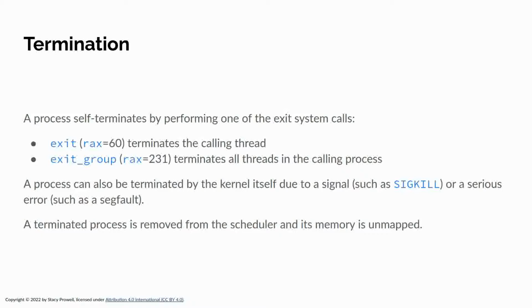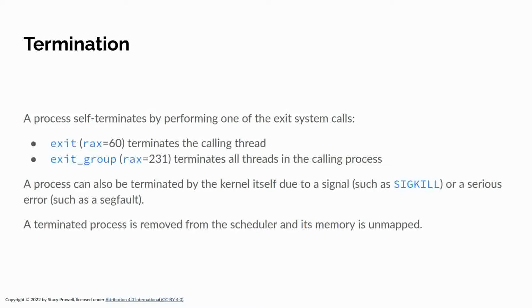A process can also be terminated by the kernel, right? If the kernel doesn't want you running, you're not going to run. The most obvious way is I send the process a signal like sigkill. Most signals can go to a signal handler inside the process. The kernel will pass that signal along to it, like sigterm and so on. But for sigkill, the kernel grabs that and says, you know what?